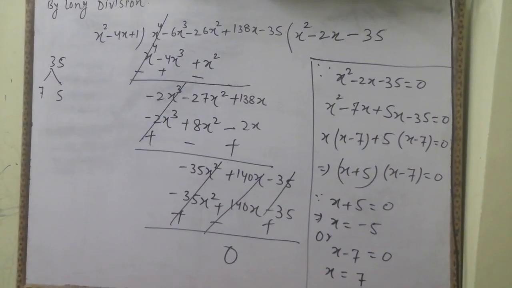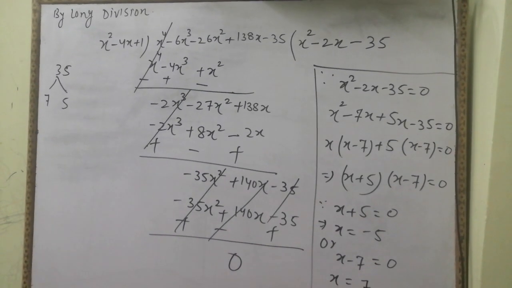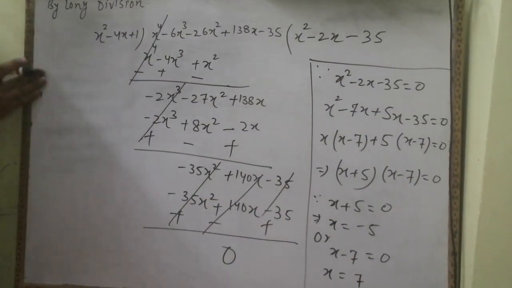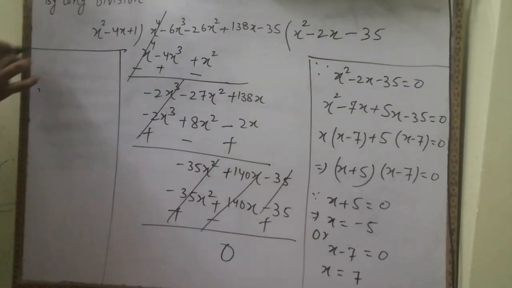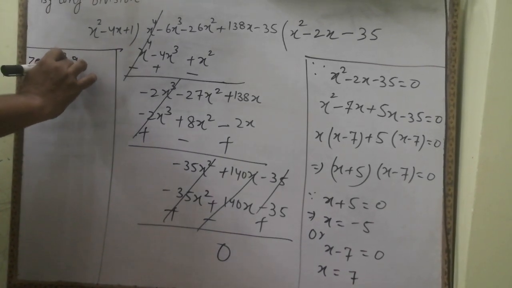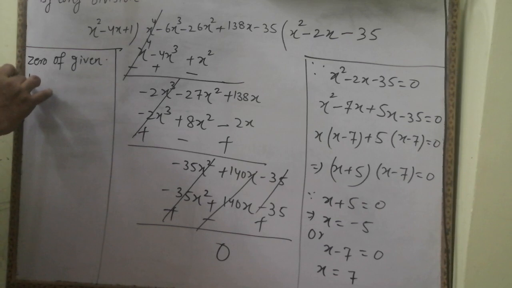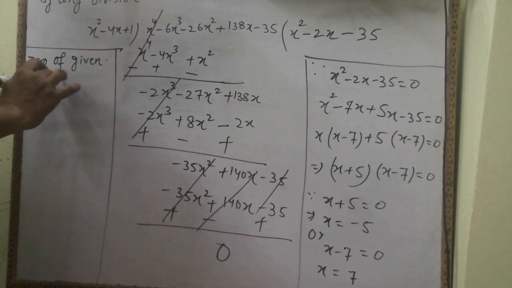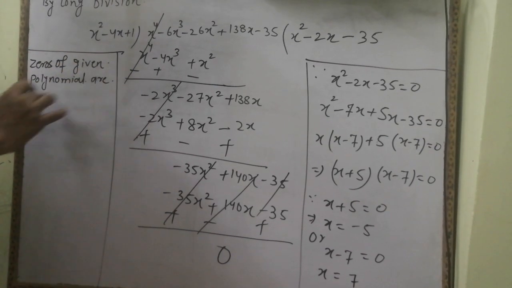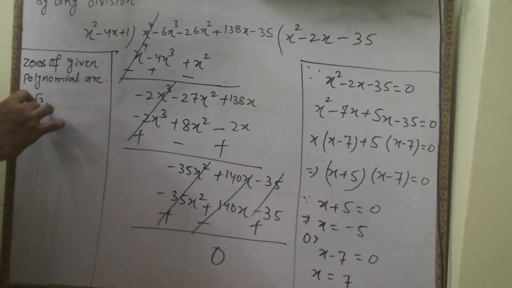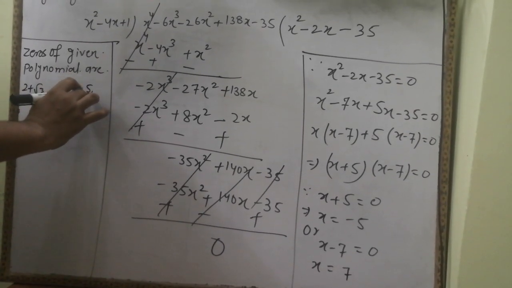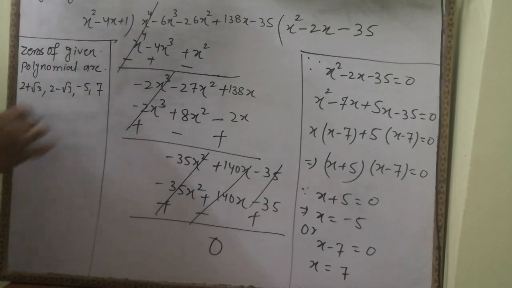Now these are the two zeros that we had to find. So we can write the final answer: the zeros of the given polynomial are first 2 plus root 3, second 2 minus root 3, third minus 5, fourth 7.